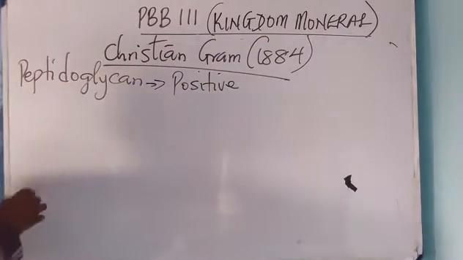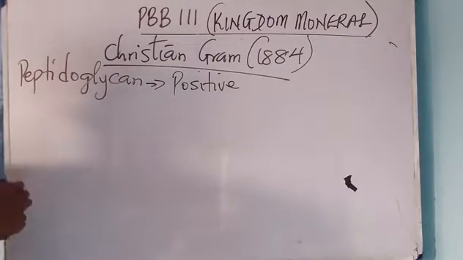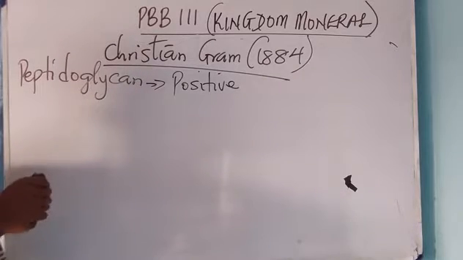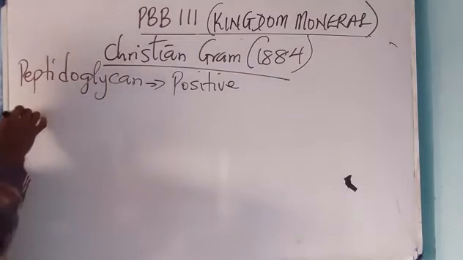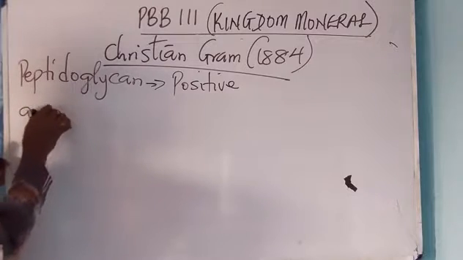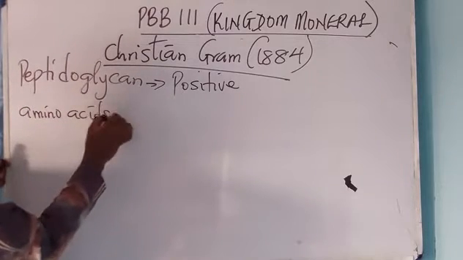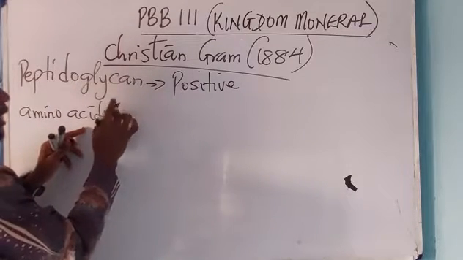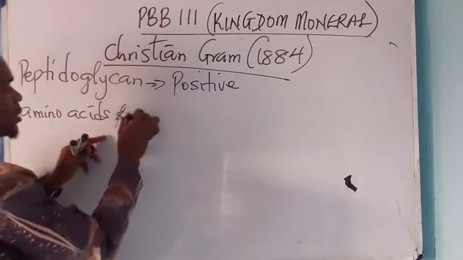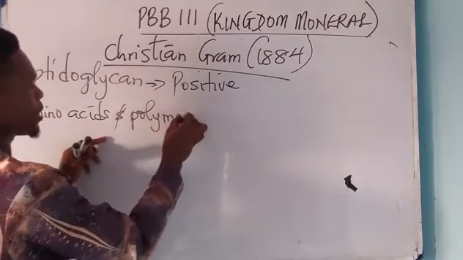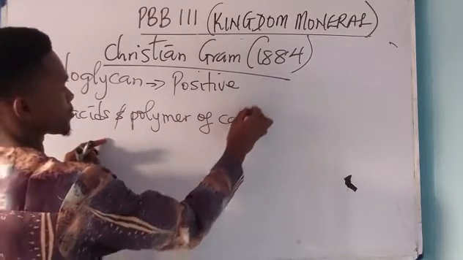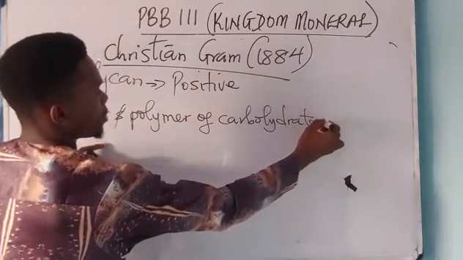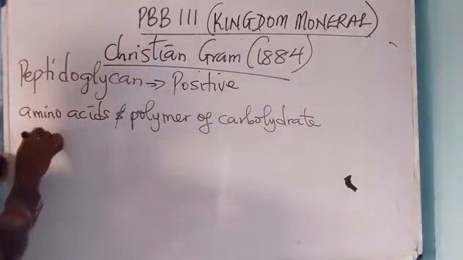Now, please, what is a peptidoglycan? A peptidoglycan is the cell wall of bacteria that is made up of interconnected amino acids and polymer of carbohydrates combined with muramic acid.